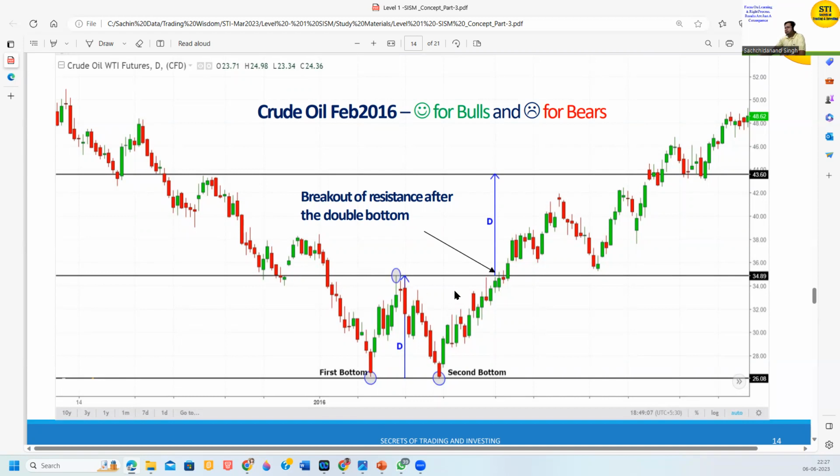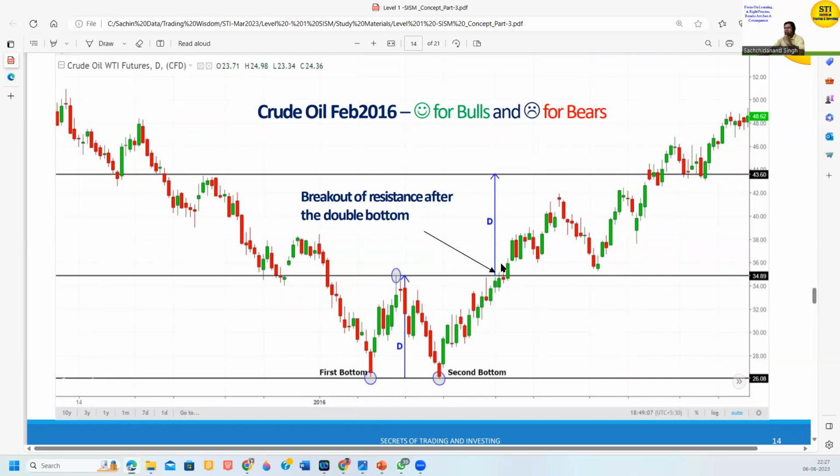The gap between the support line and the recent resistance line will be equivalent to D, and a similar D will be the target point, provided we take an entry at this breakout junction.